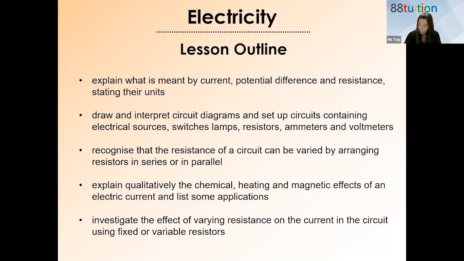We turn on maybe the heater using electricity. Magnetic effect will be the electromagnet. Still remember now? So you actually come across all these already. And then list some of these applications. Where are they being used? Investigate the effect of varying resistance on the current in the circuit using fixed or variable resistor.